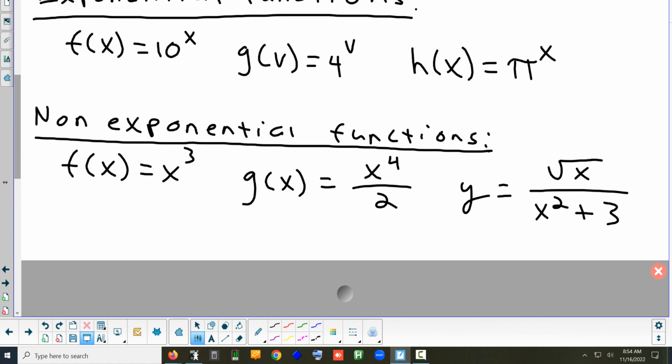Any questions on why the top ones are exponential and the bottom ones are not? Could the last one be an exponential function if you switch the 2 and the x? Are we going to get to complex ones like that, where the 2 with the x is the exponential? If you just flip those 2, would that be considered one?